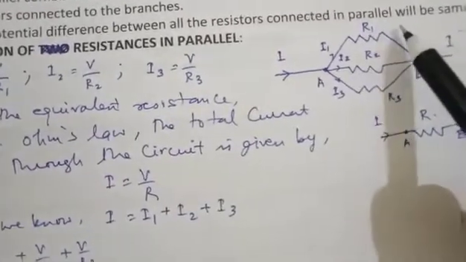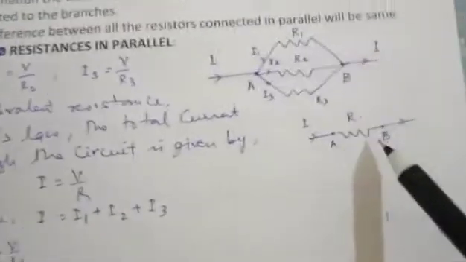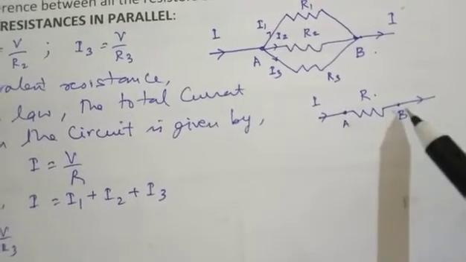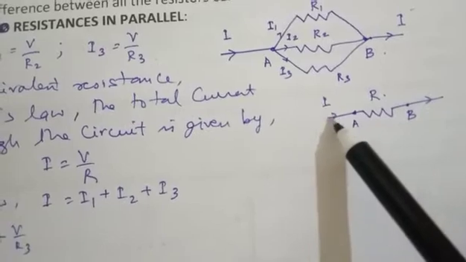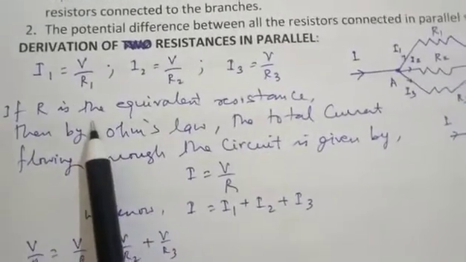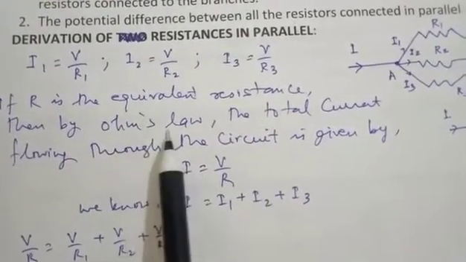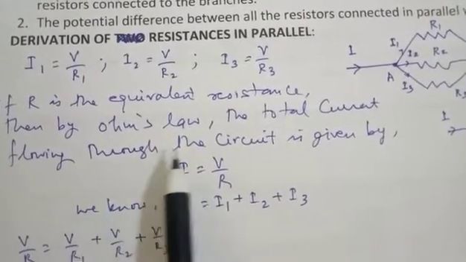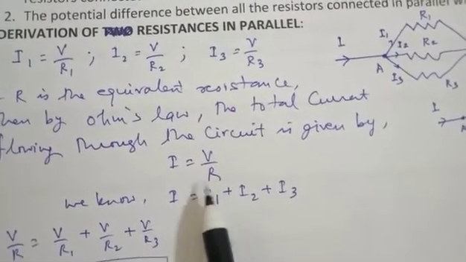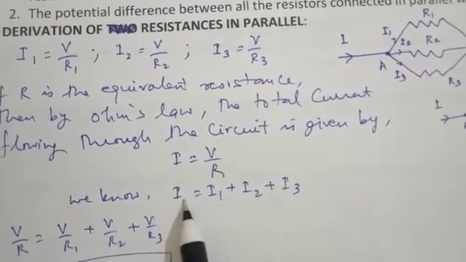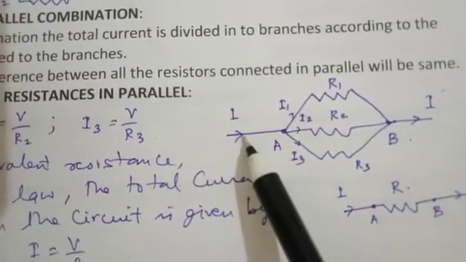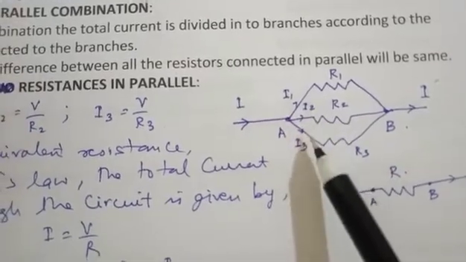Now suppose we replace all these three resistors by a single resistor R, which is known as the equivalent resistance between A and B. Then the total current I will be passing through this resistor R. So if R is the equivalent resistance, then by Ohm's law, the total current flowing through the circuit is given by I is equal to V by R. As we know, the total current has been divided into three parts, I1, I2 and I3.